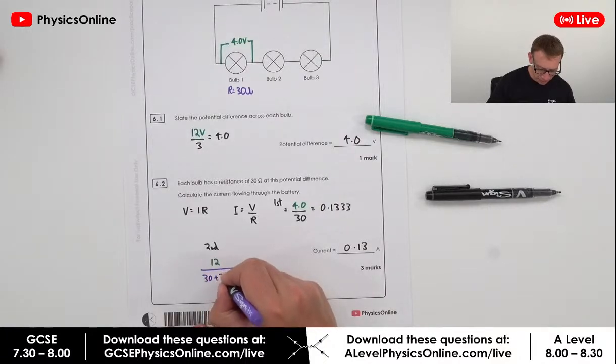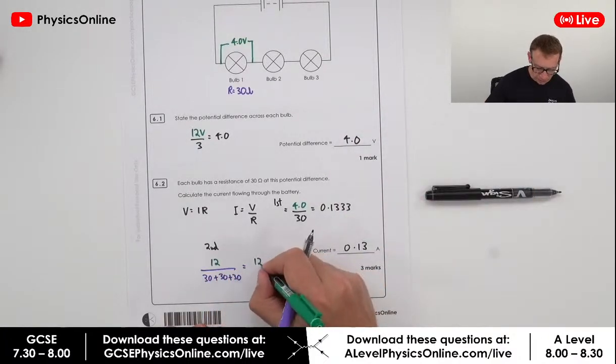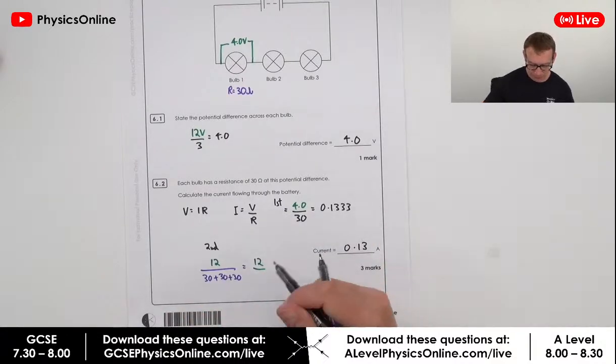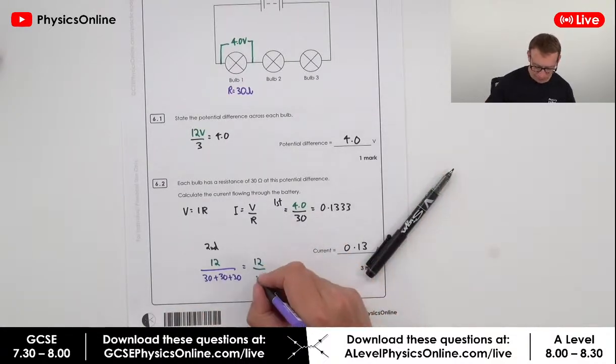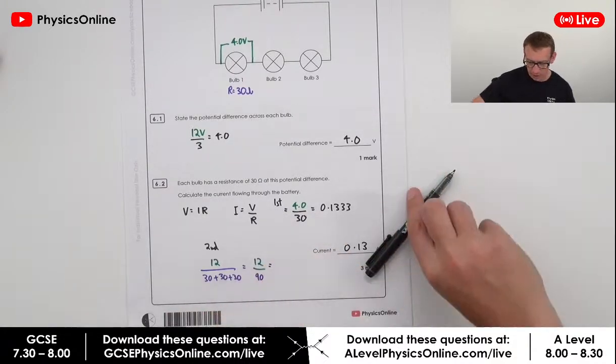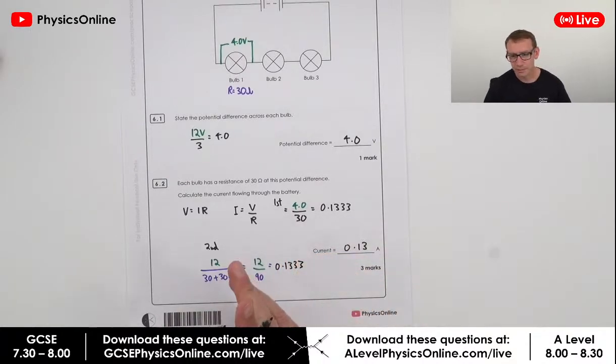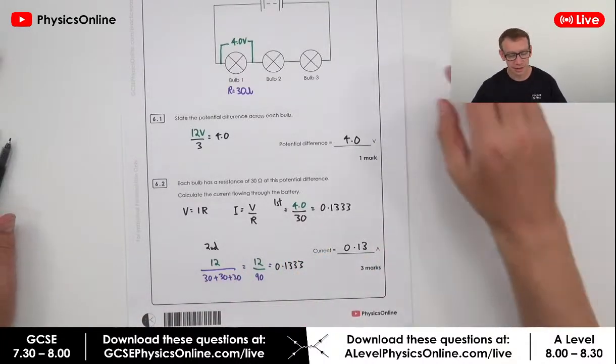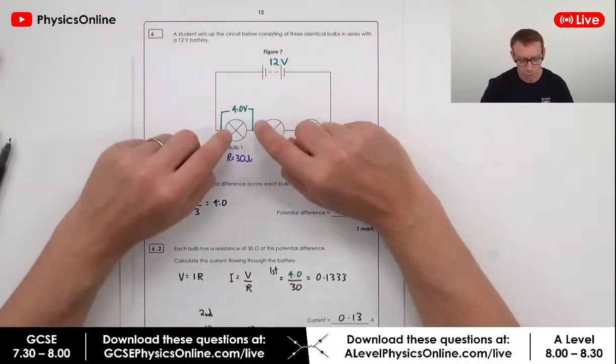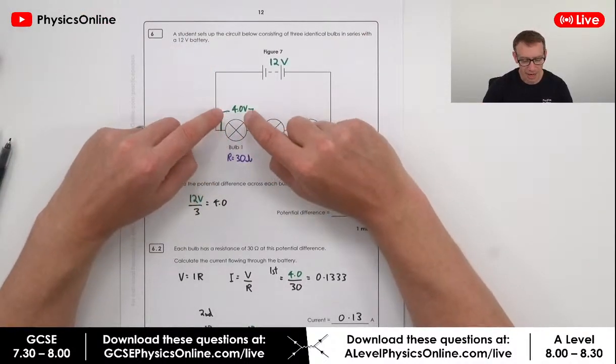So that's 12 over 90, and that's also equal to 0.1333 and so on.